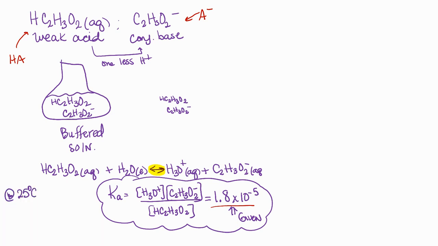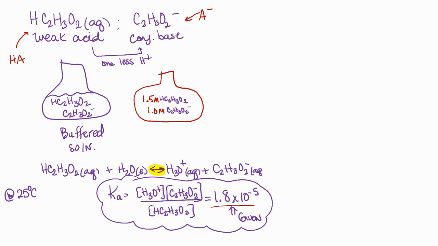All right, so let's say we now have a different scenario where instead of being 1 molar of each, I have 1.5 molar of acetic acid and 1 molar of acetate. So I have more of the weak acid than I do base.